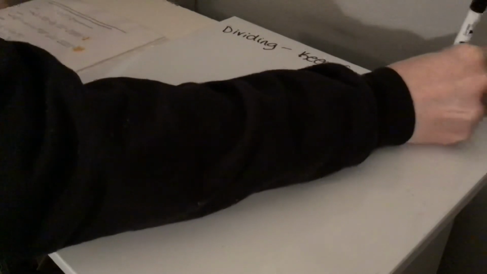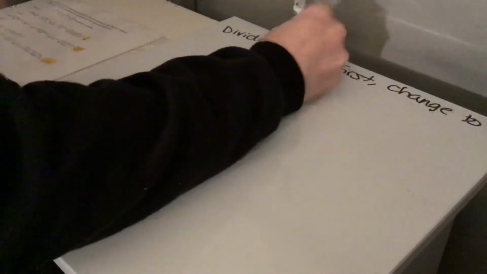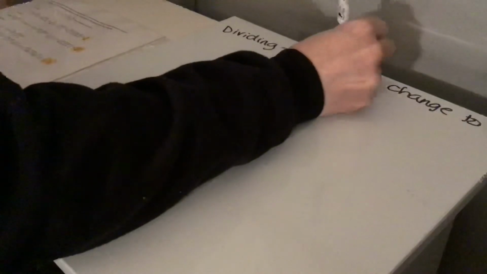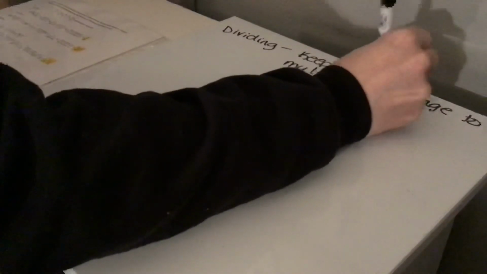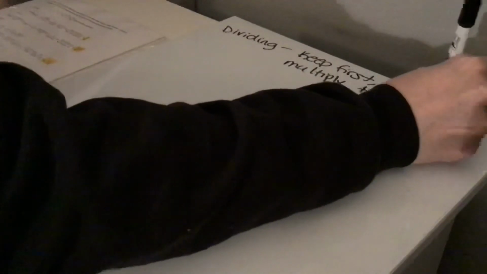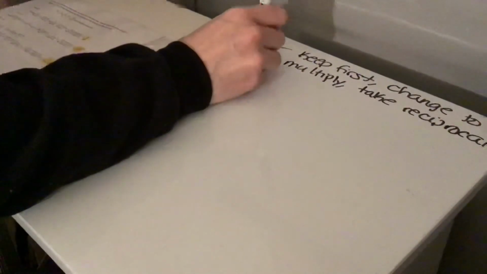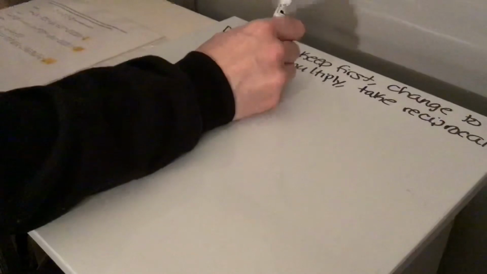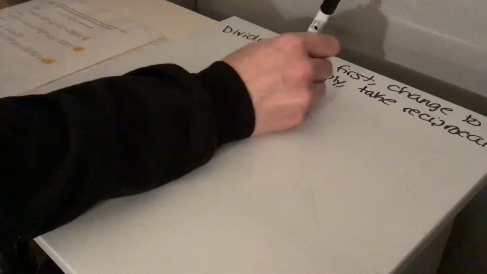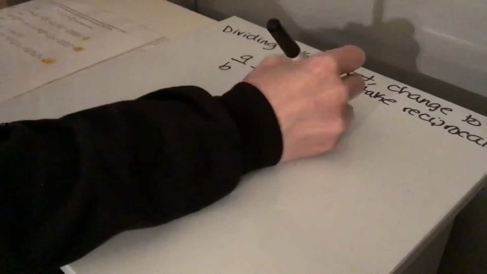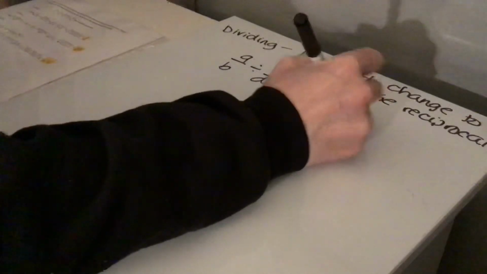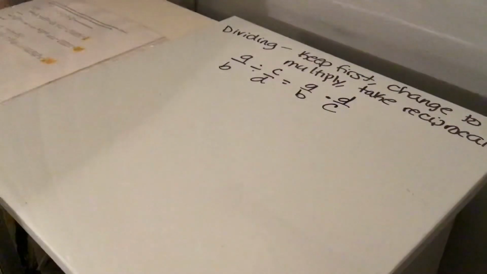Change to multiplication and take the reciprocal of the second, right? So if we have A over B divided by C over D, you keep the first, change it to multiplication, and take the reciprocal of the second, and then simplify.